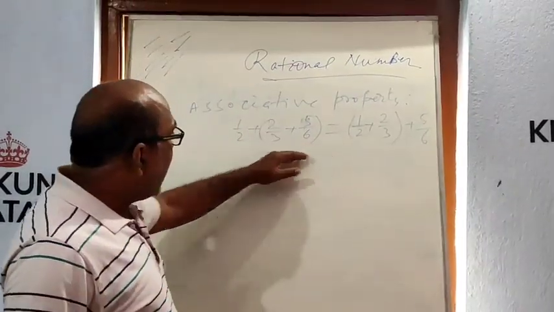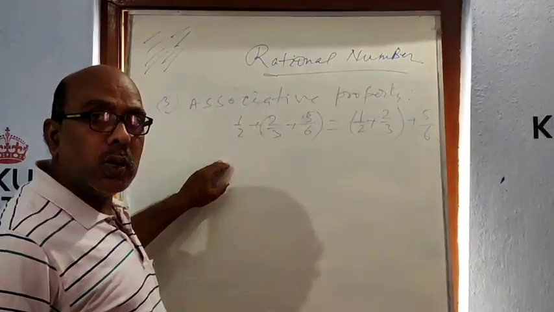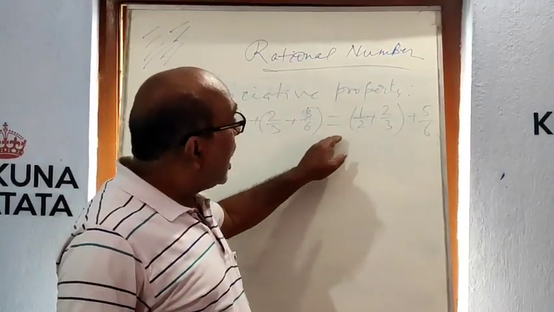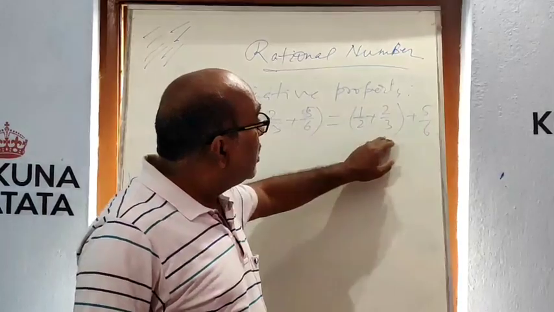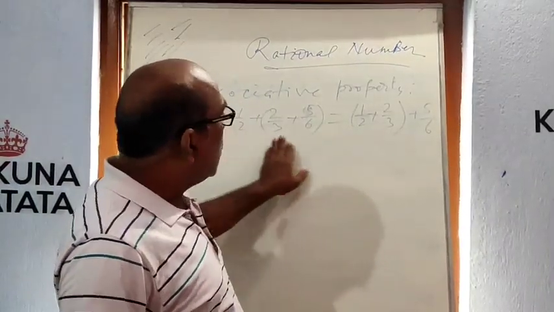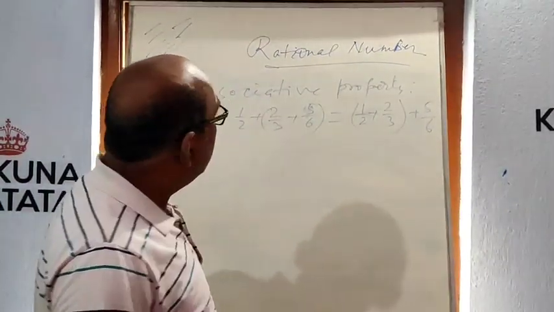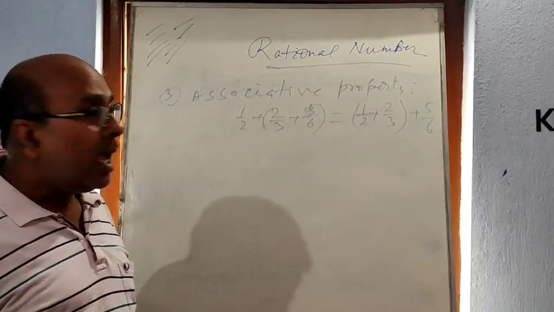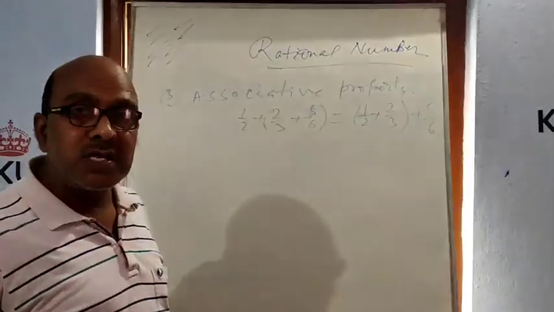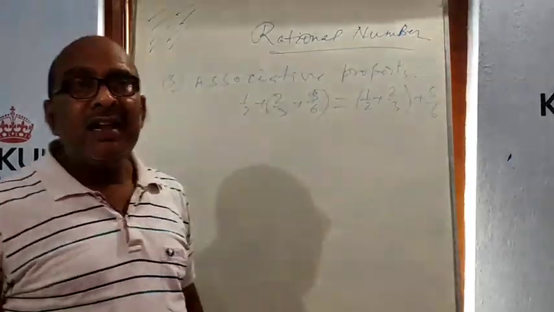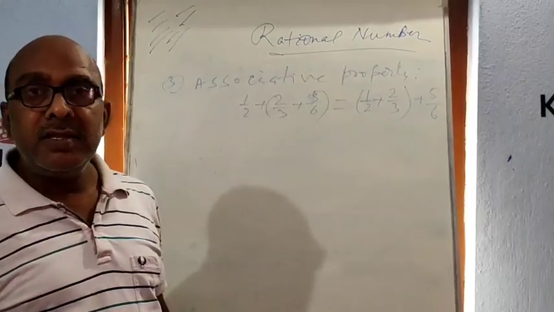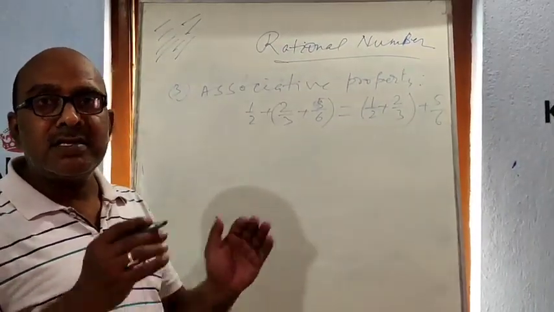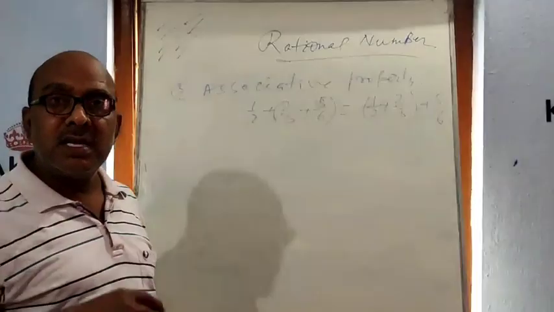After adding, left hand side we get 2. Similarly, right hand side we get 2. It means this is equal to this, and this is the associative property of rational numbers, and rational numbers follow associative property.